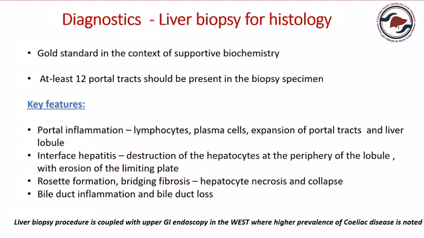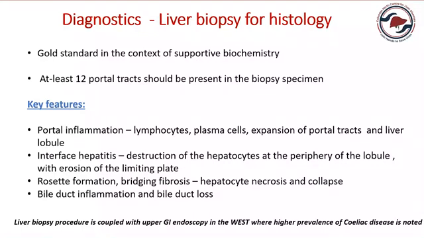Nowadays, with the availability of genetics, you can make a diagnosis of Wilson disease in the absence of liver biopsy. You can make a diagnosis of glycogen storage disease in the absence of liver biopsy. However, you can't make a diagnosis of autoimmune liver disease in the absence of liver biopsy. You really need to have it. For you to interpret it as a good biopsy, you need to have at least 12 portal tracts. So it should be of good size.